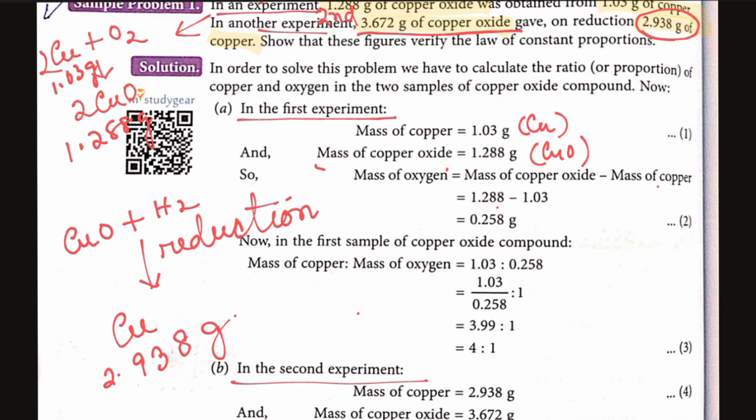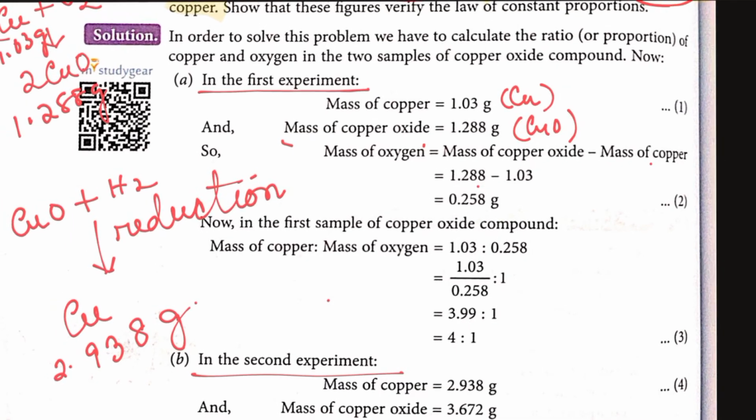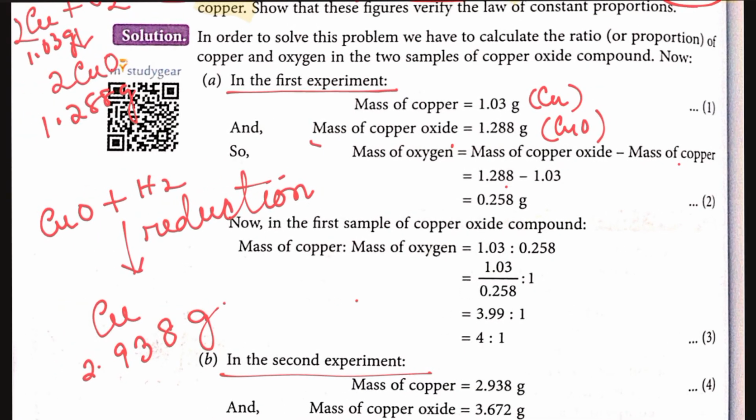So the mass of oxygen can be obtained if I subtract the mass of copper from the mass of copper oxide. Copper oxide is 1.288. If I subtract the mass of copper from it, I will get the mass of oxygen, O. That is coming out to be 0.258 gram.